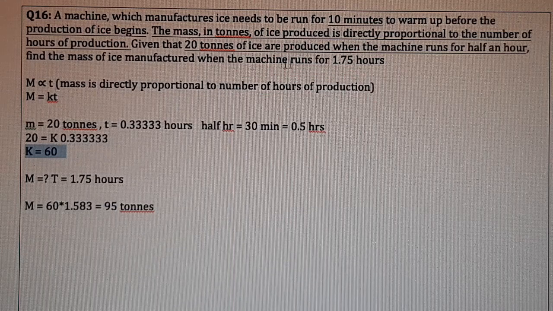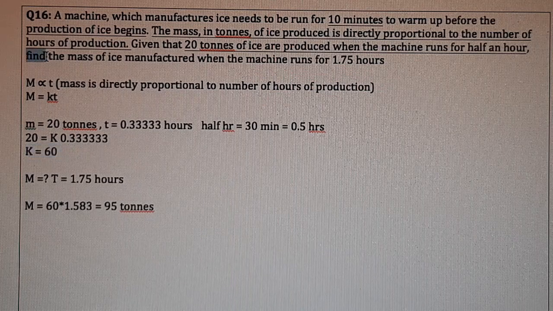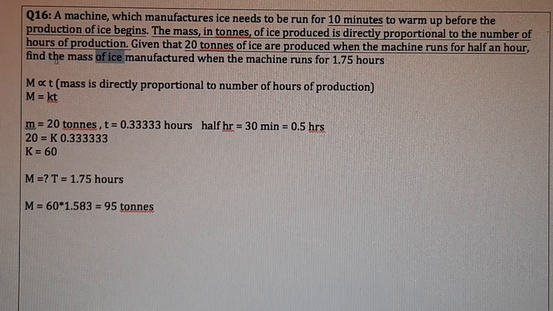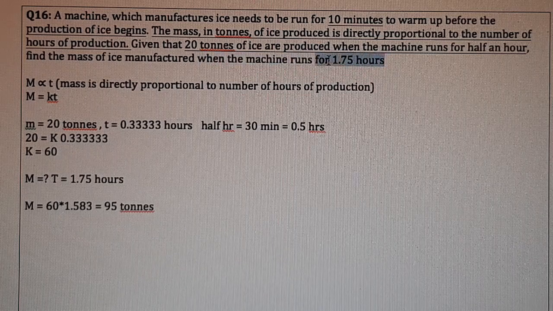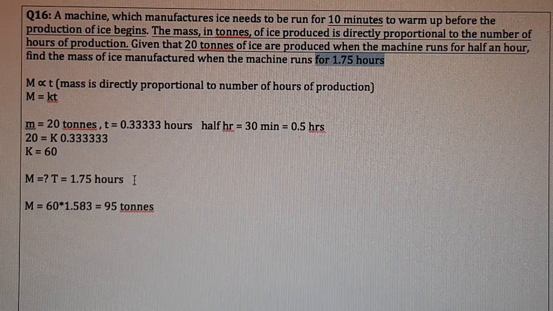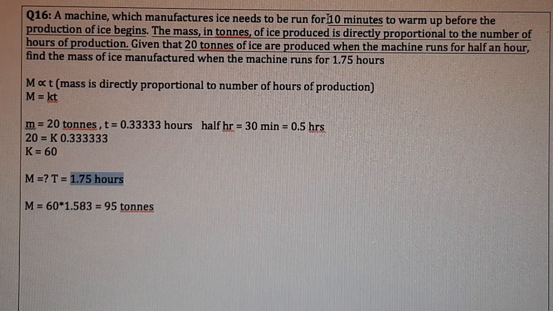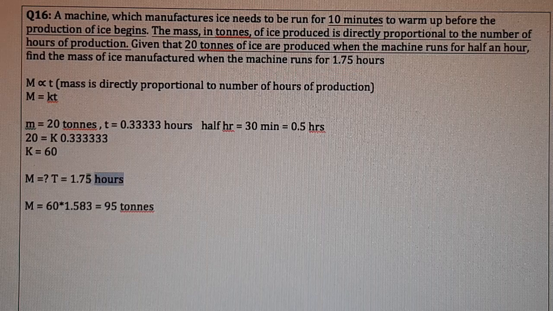Now what is next? What is to be obtained? Find the mass of the ice. You have to find the mass of the ice manufactured when the machine runs for 1.75 hours. Out of this 1.75 hours, 10 minutes is consumed in just warming up the machine.